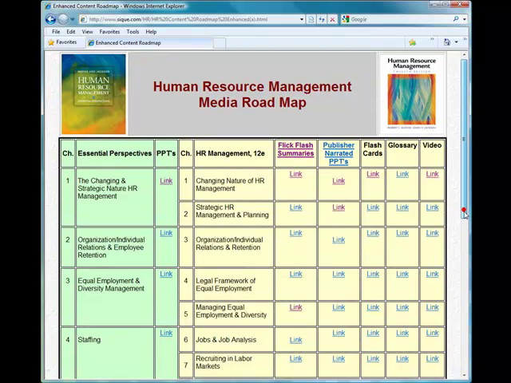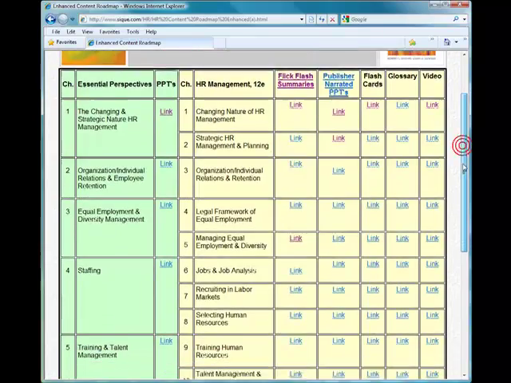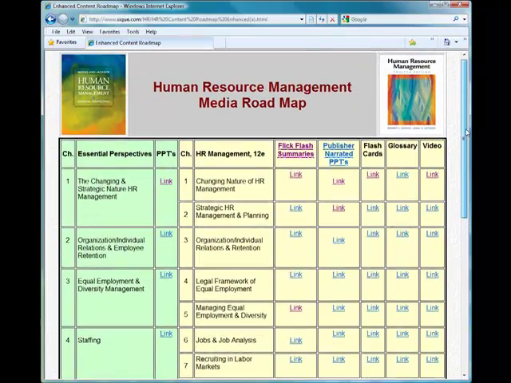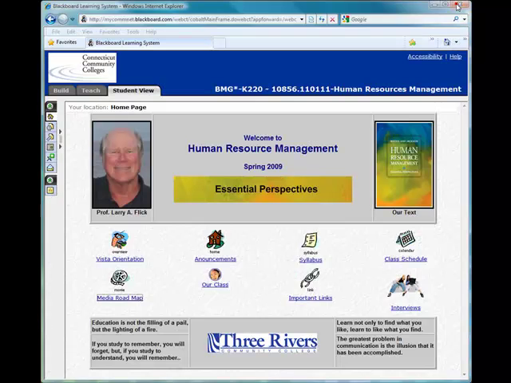You can also see that there are publisher narrated PowerPoints, the PowerPoints for our book in the green, flashcards, glossaries, and a video. I highly recommend just clicking through and taking a look at all these learning resources presented here.